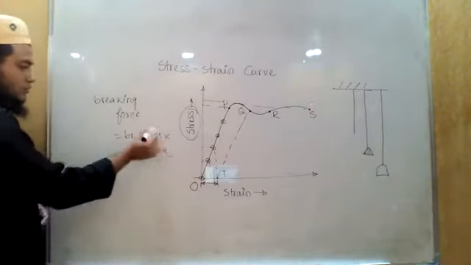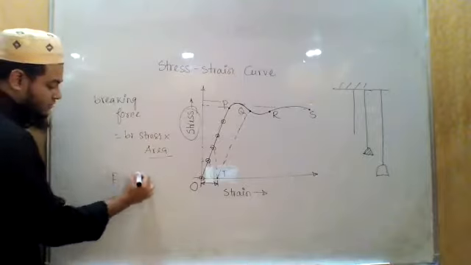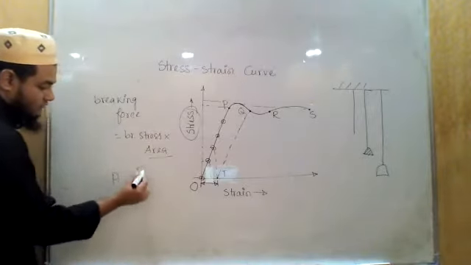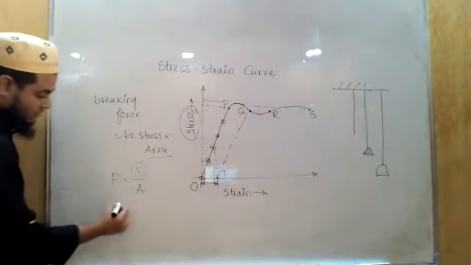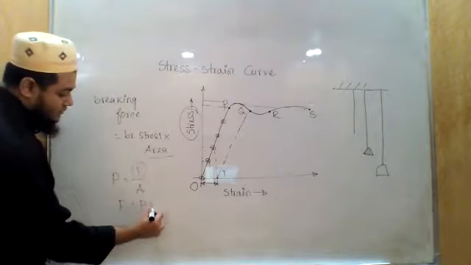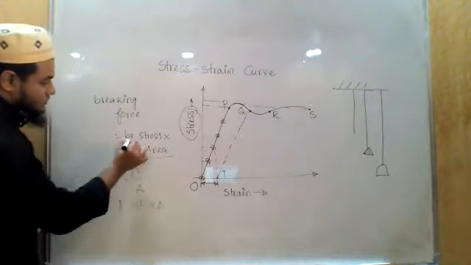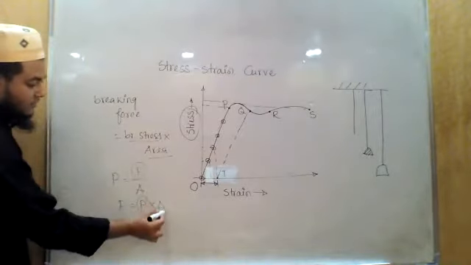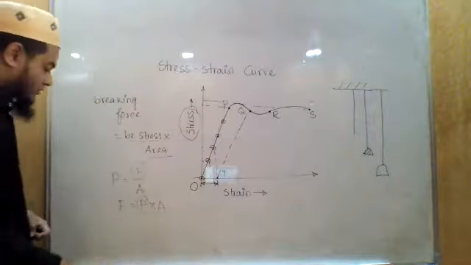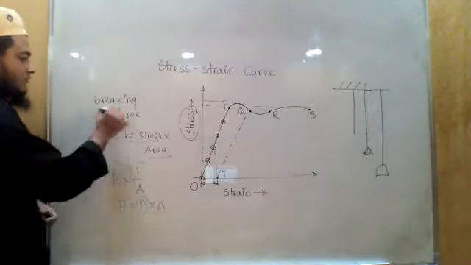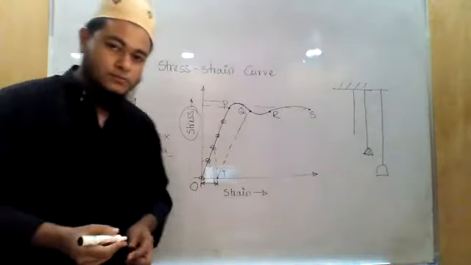Why? Because we know that stress is basically pressure. Pressure is equal to force divided by area. So if I want to find F, I have to multiply P and A, right? Here P is the breaking stress, A is the area of the rope or wire, and F is the breaking force. Understood?